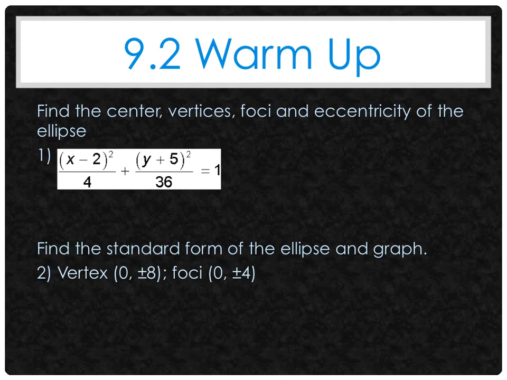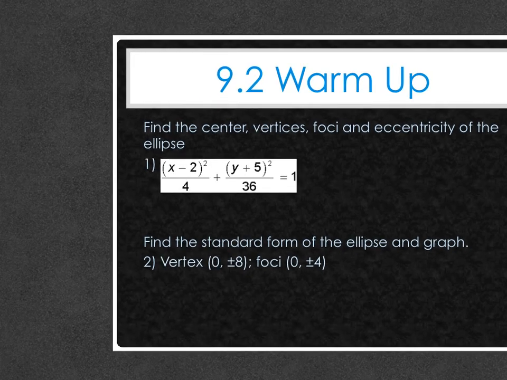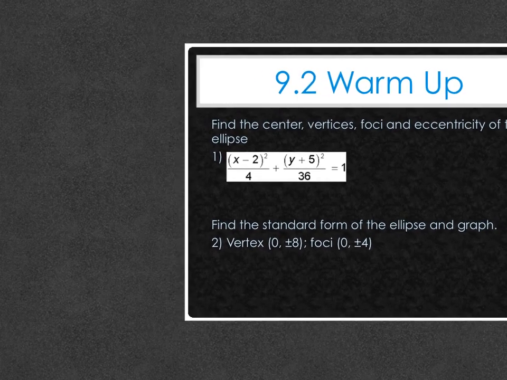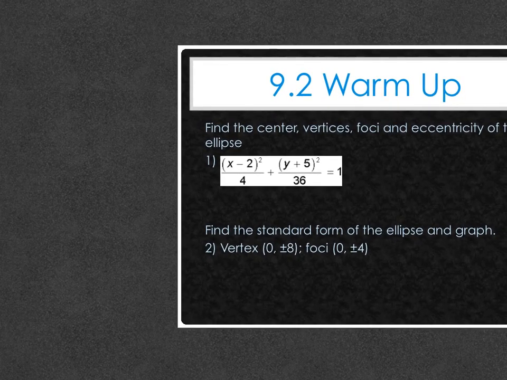All right, number 1, now we're talking about ellipses, okay? So off to the side, I'm going to go over the general form or standard form of the ellipses. If it is a horizontal ellipse, then it means it's wider than it is tall.